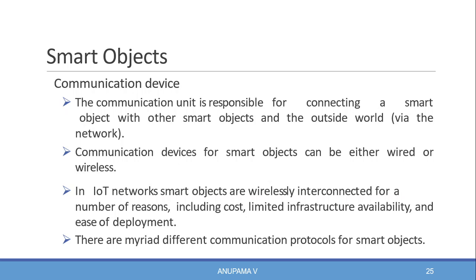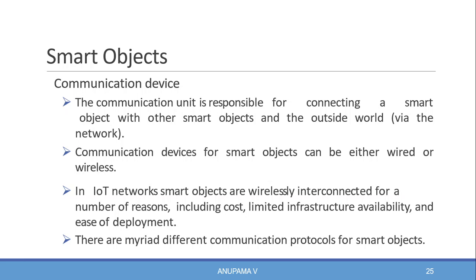Next is the communication device. To best utilize the smart object in the application, we have to connect a smart object with other smart objects or with the outside world through a network. Communication devices for smart objects can be wired or wireless.